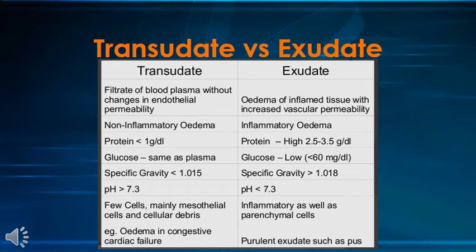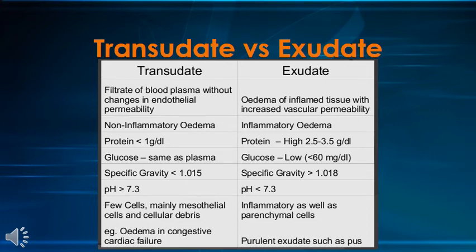You have blood vessels and fluid. If fluid comes out from the blood vessel in normal circumstances, or accumulates more than its normal value, but there is no prominent change in the permeability of the blood vessel, then it will be transudate.